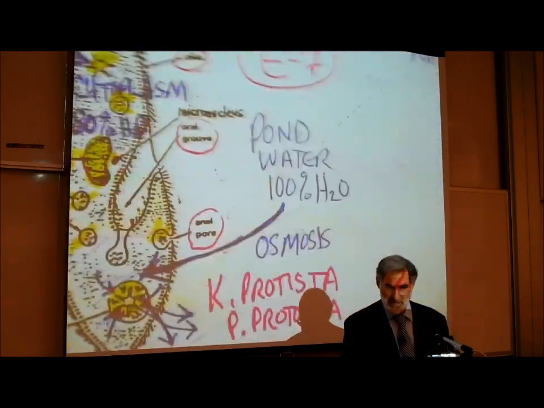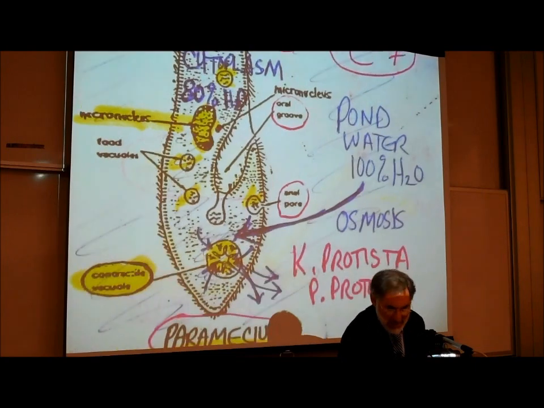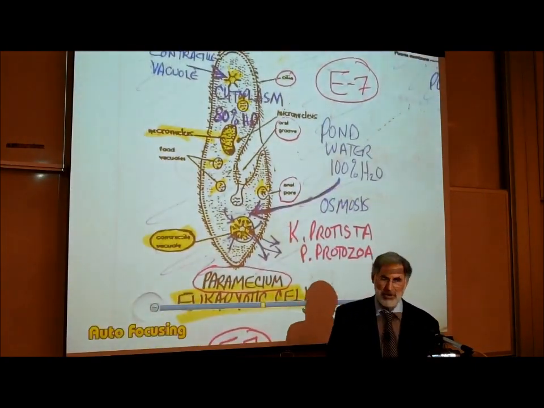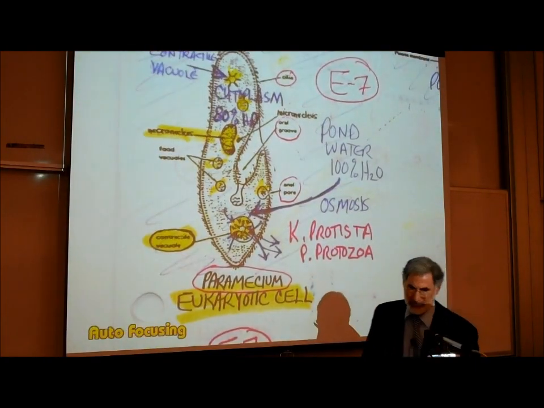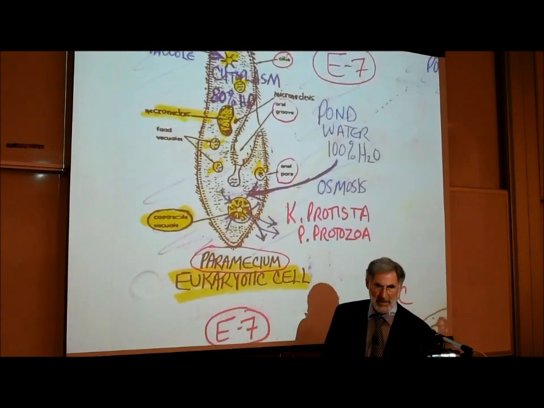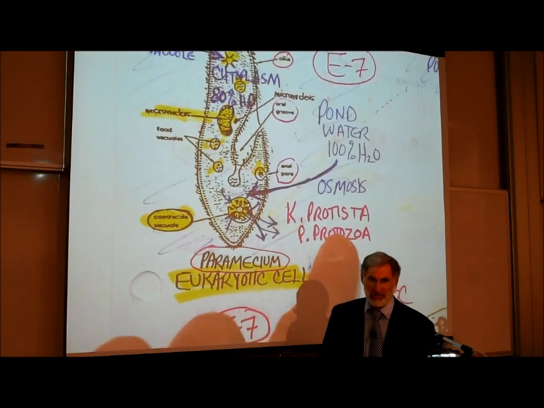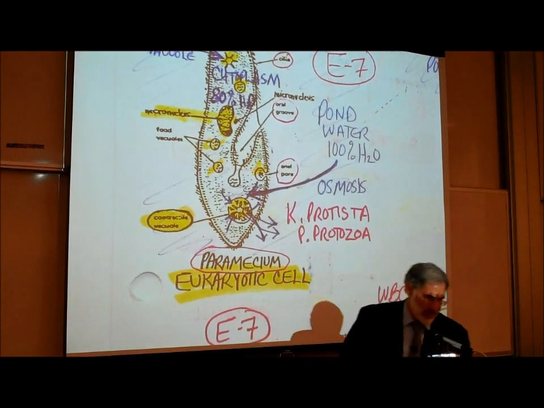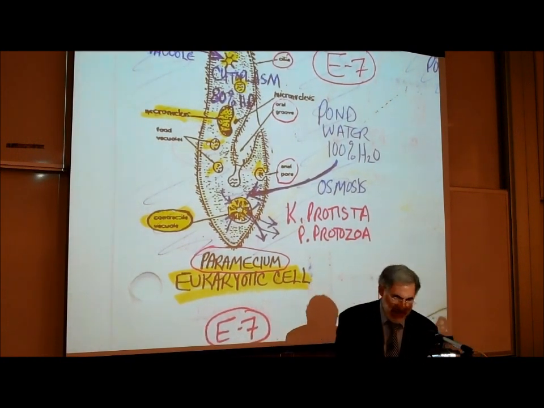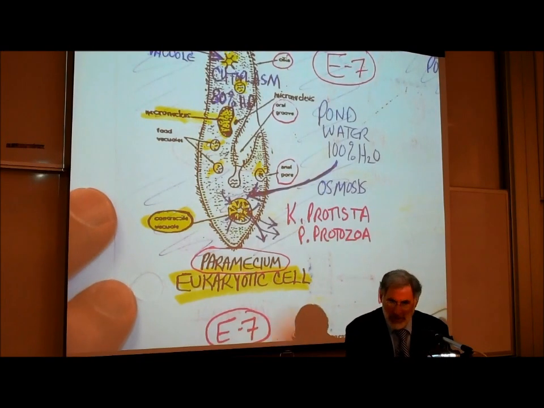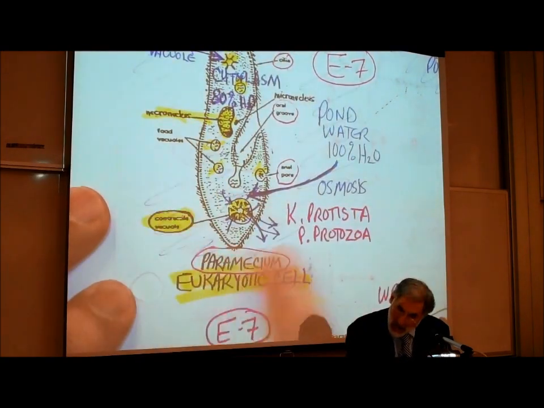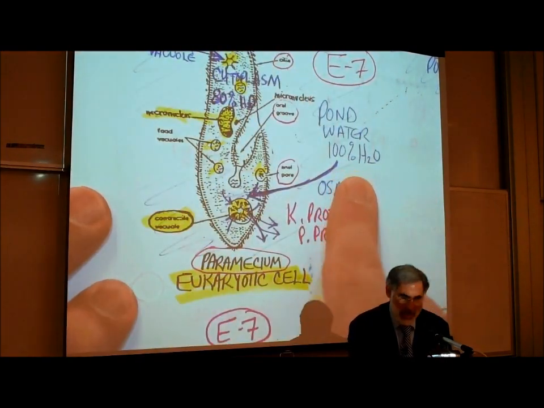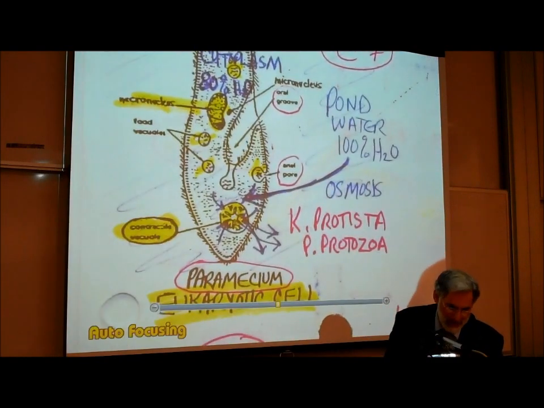On your left, in the second row, is another protozoan called a paramecium. A paramecium, also in kingdom Protista, phylum Protozoa, just like the amoeba. Again, it's got the exact same problem. It lives in pond water, which is essentially 100% water.